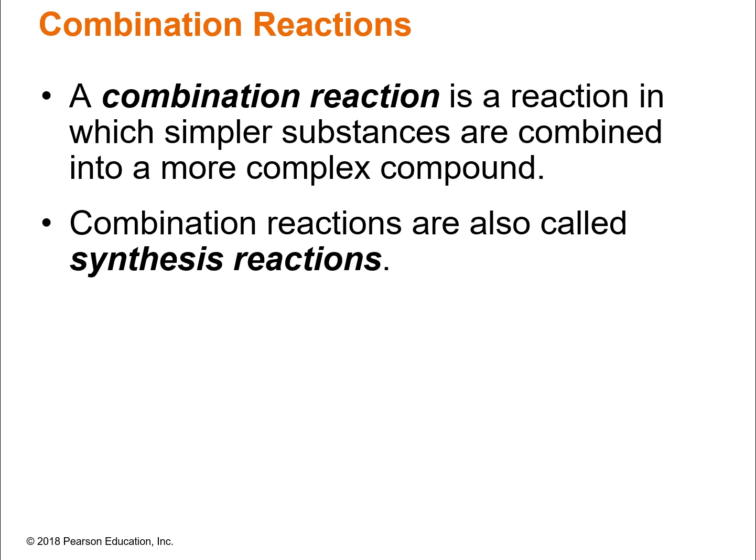We've got a combination reaction. You take simpler substances and you combine them into a more complex compound. The other term you might hear for these is synthesis reactions. Same thing.